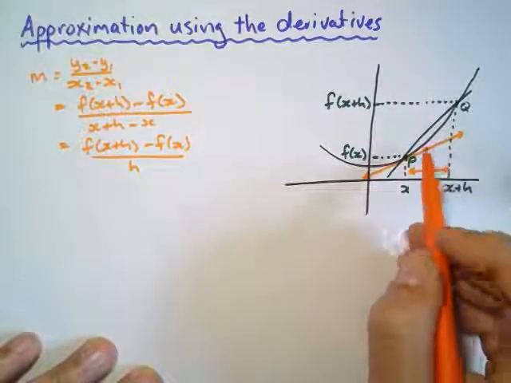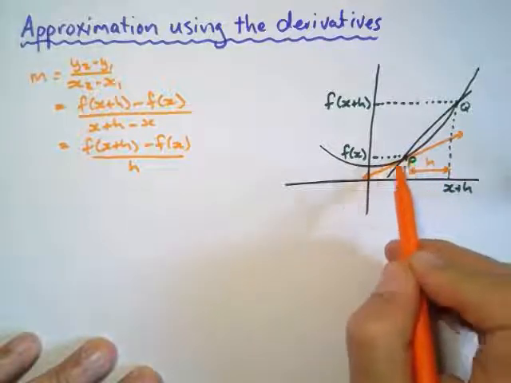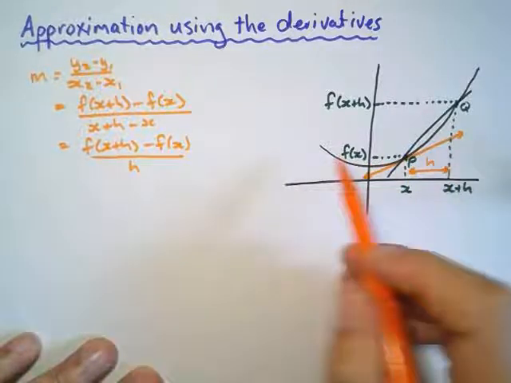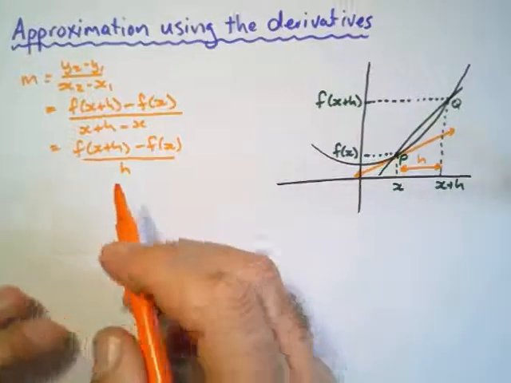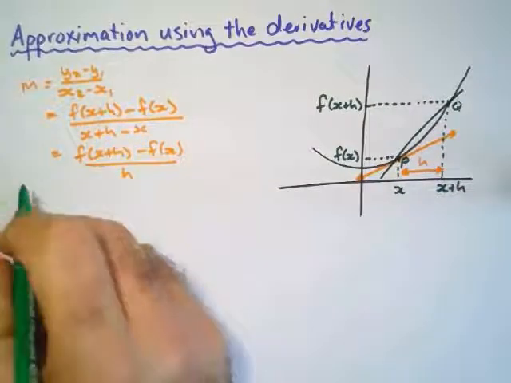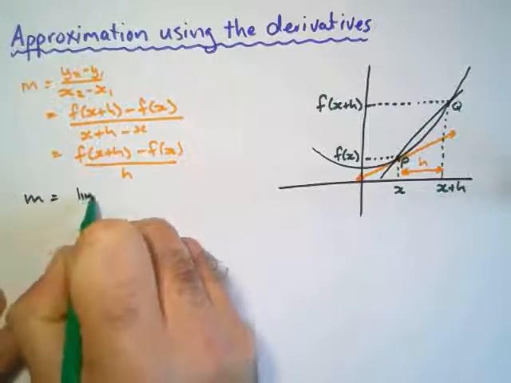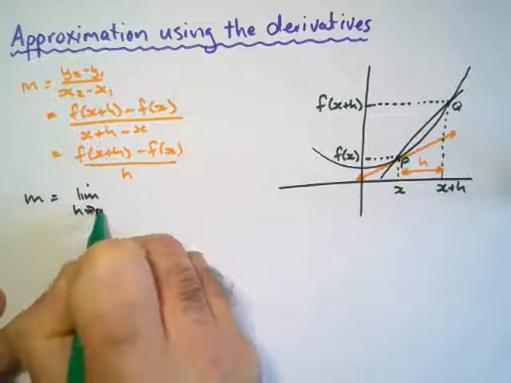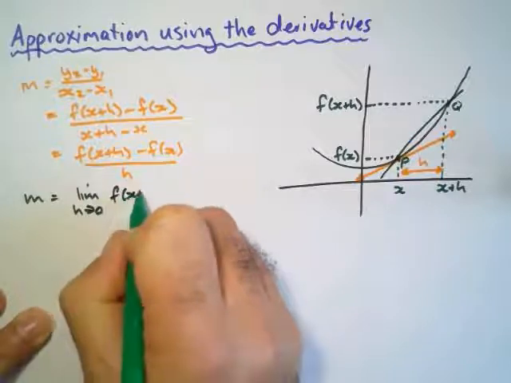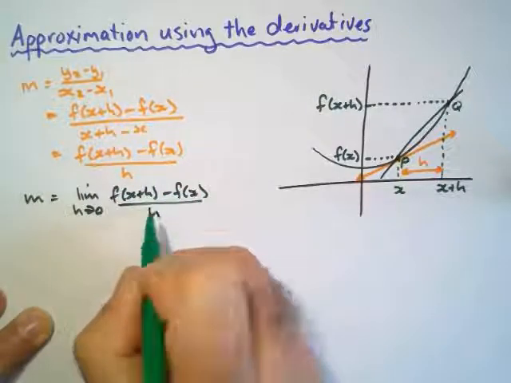When we made h very small, we said as h approached 0, what does this gradient then approach? And from that we said, remember we said approach, so as the limit, we said that the gradient equals the limit where h strives to 0 of f(x plus h) minus f(x) over h.